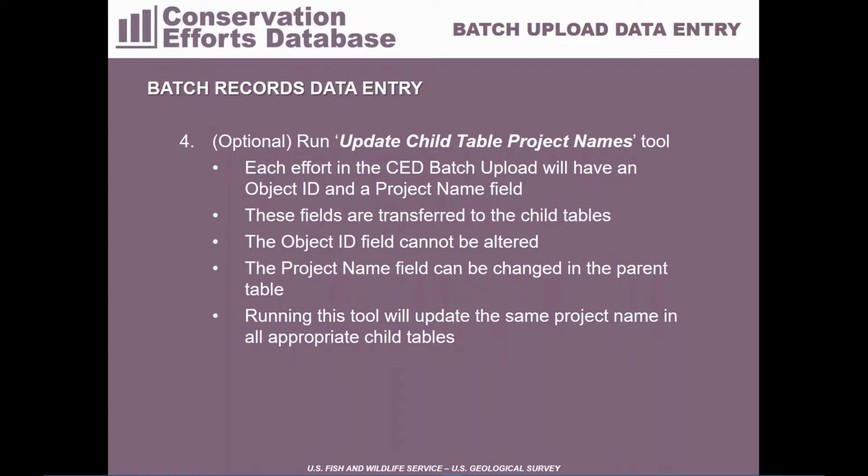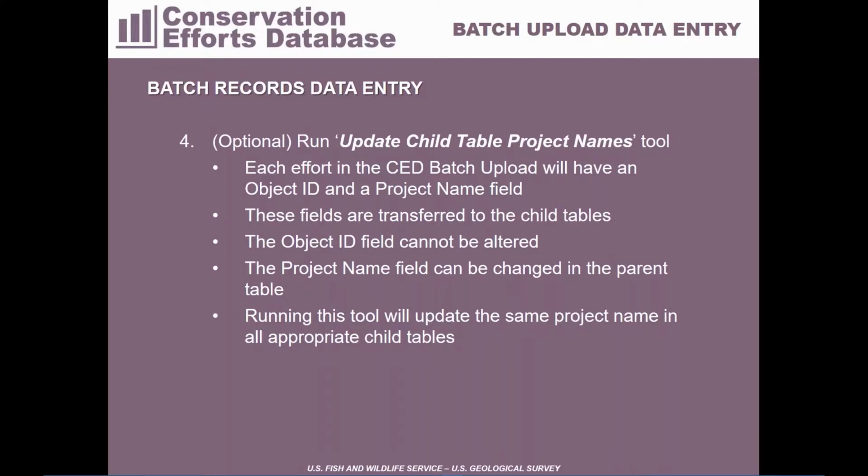However, the project name field is free text and can be changed in the parent table if you realize you misspelled the name or you put the wrong name into the field. If you do change the name in the parent table, we will need to run a cascade of updates that will update that name in all of the subsequent child tables to make sure we have appropriate connections and that you are filling in the appropriate data.